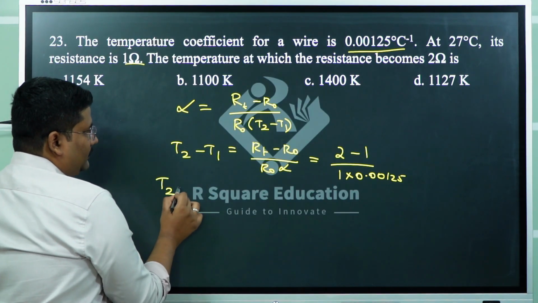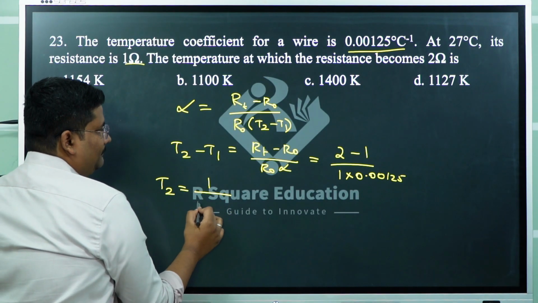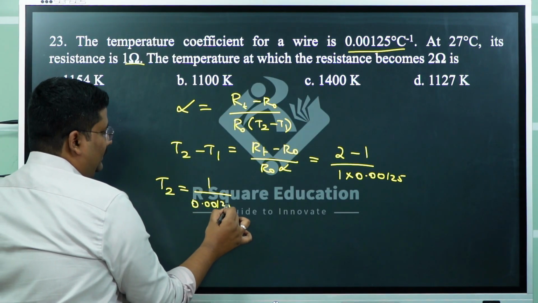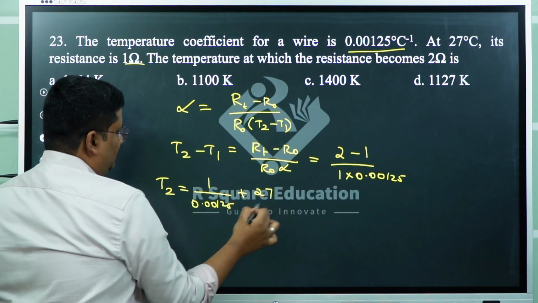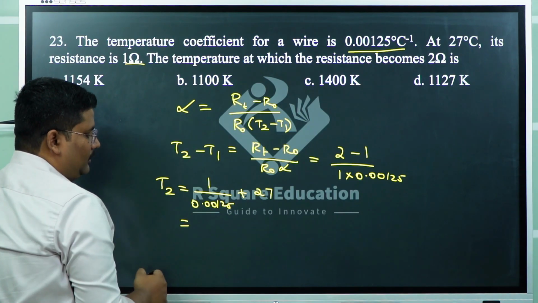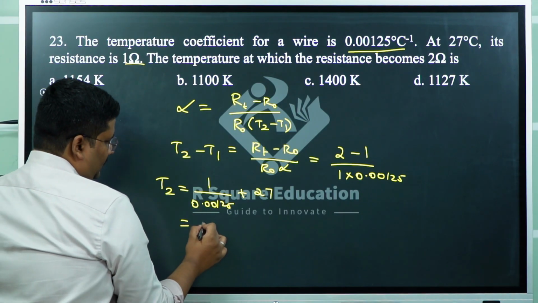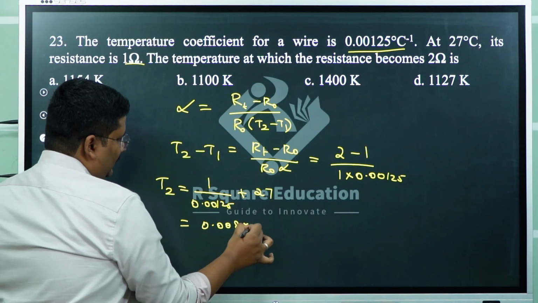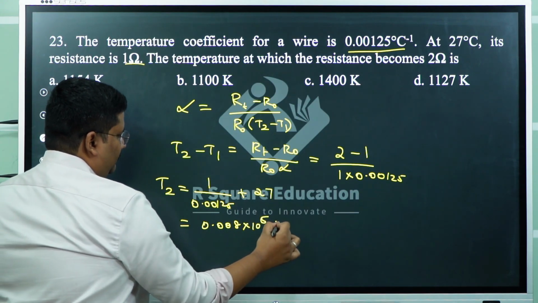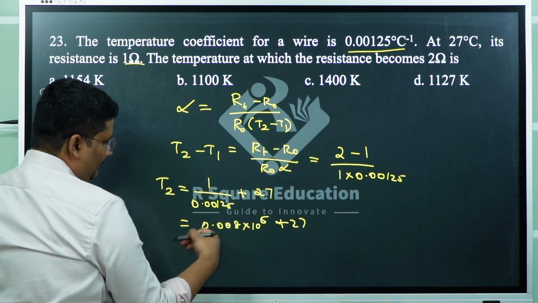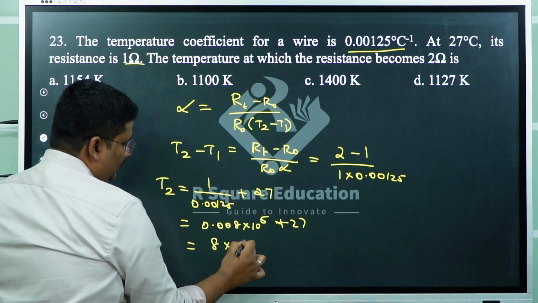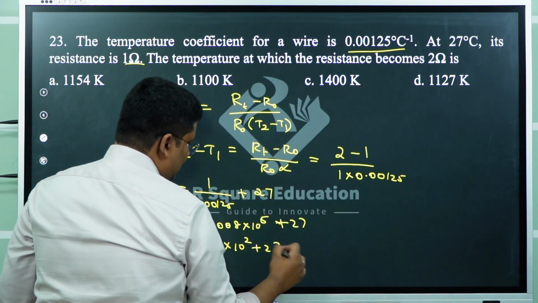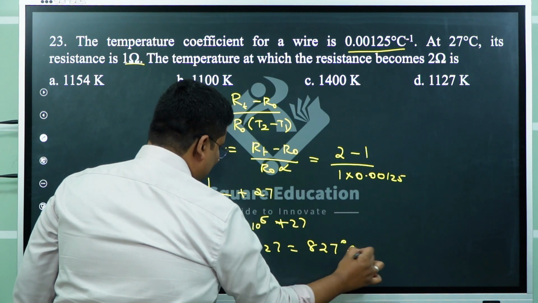So T2 will become 1 by 0.00125 plus 27. 1 by 0.00125 can be written as 0.008 into 10 power 5, which is 8 into 10 square, plus 27, which means 800 plus 27, 827 degrees Celsius.